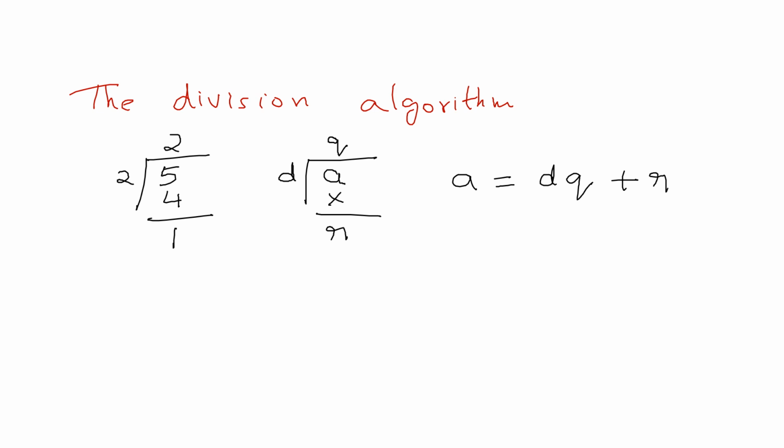This is very important. See here, with this example, 5 is equal to 2 into 2 plus 1, correct? So the same format it follows. So you mark this. This equation is very important.